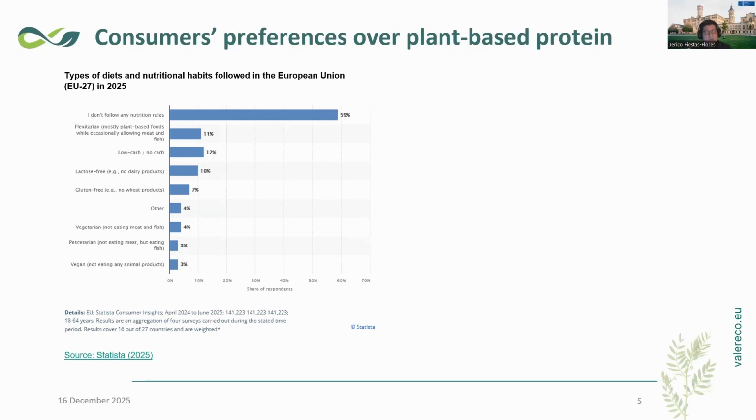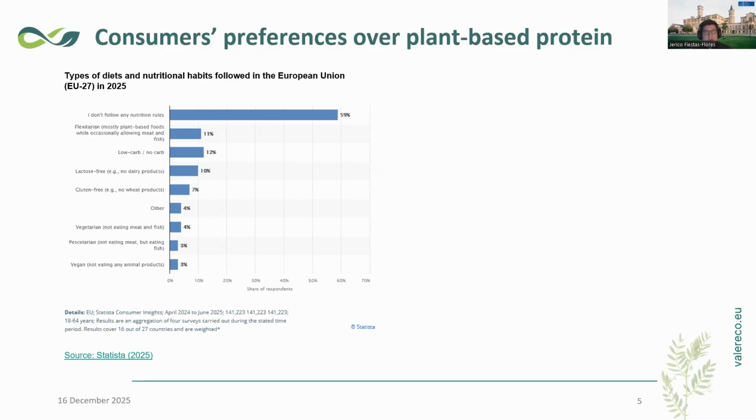And with this new information, we might have expected consumers to make a shift, but still there are a lot of different variables that make it difficult for us as consumers to make these changes.